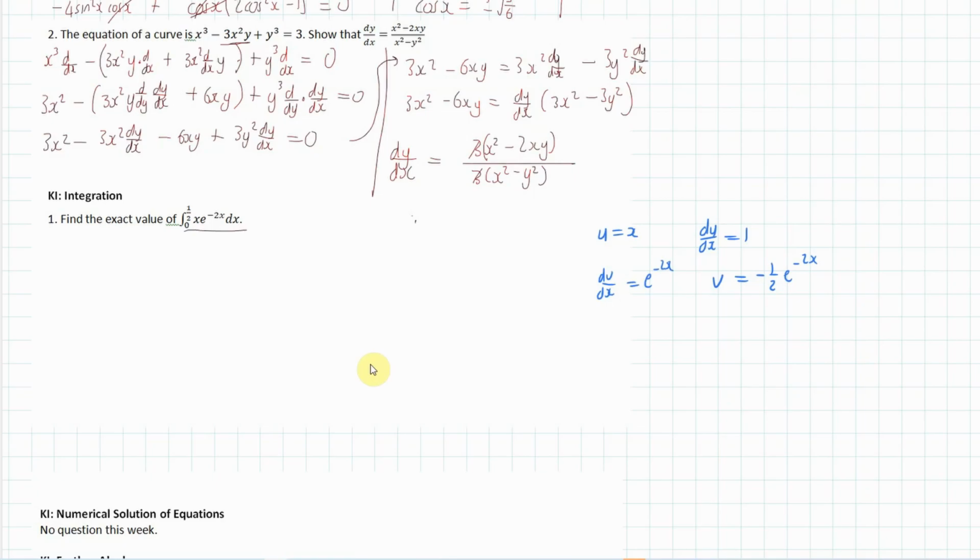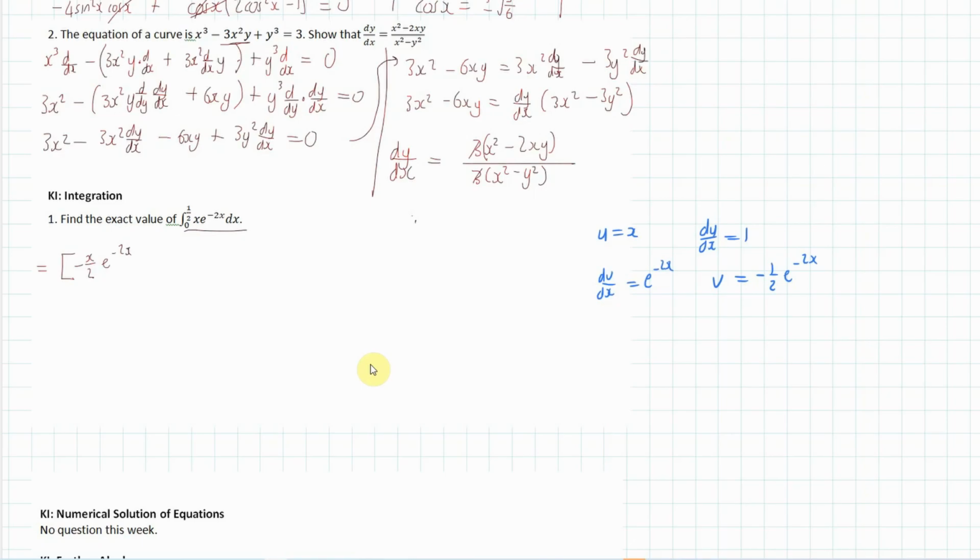So this equals minus x over 2, combined with e to the negative 2x, so u times v. Just doing u times v there.